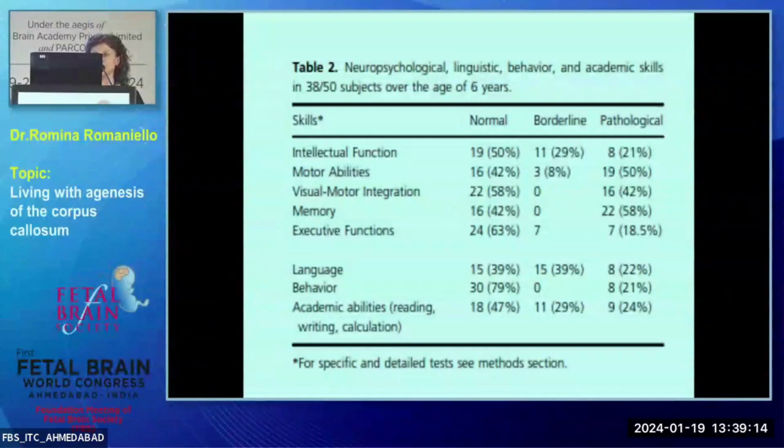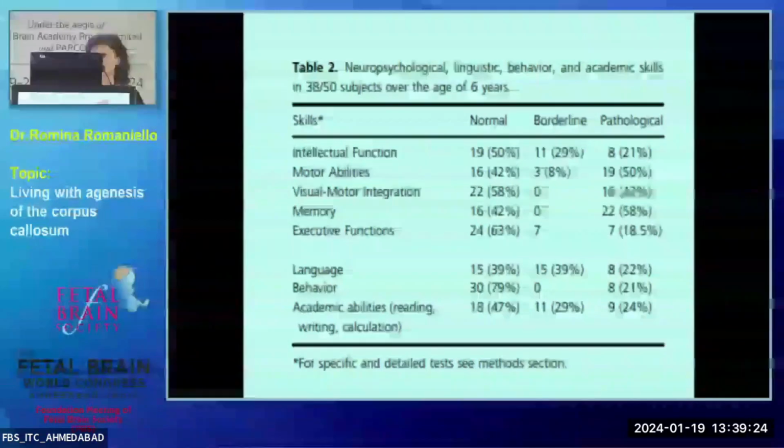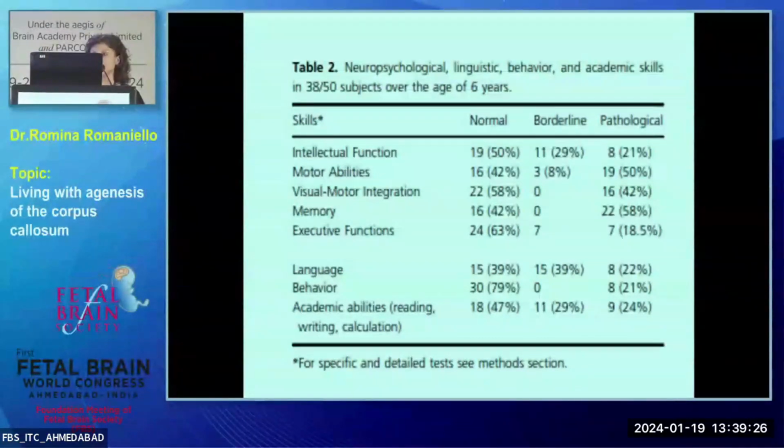The motor abilities were normal in 42%, borderline in 8%, and pathological in 50%. Visual motor integration was normal in 58%, and pathological in the remaining 42%. Memory functions were normal in 42%, and pathological in the remaining 58%.